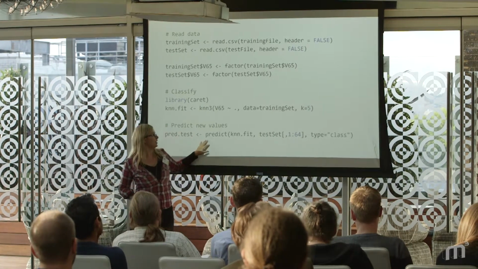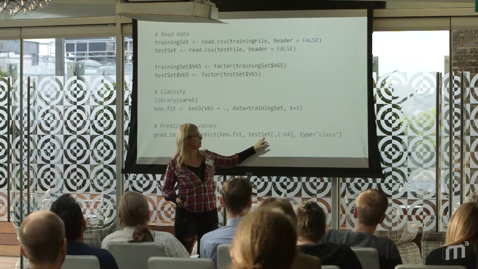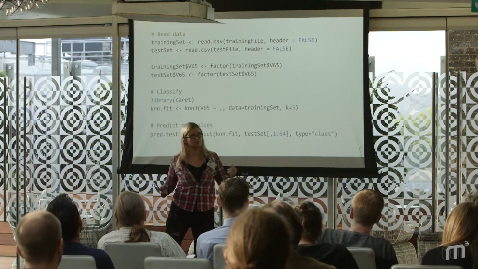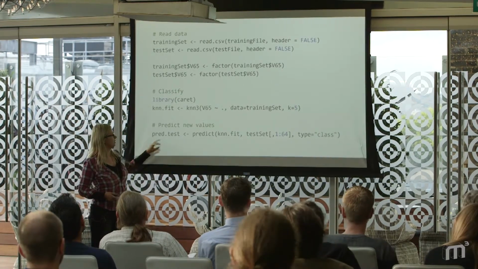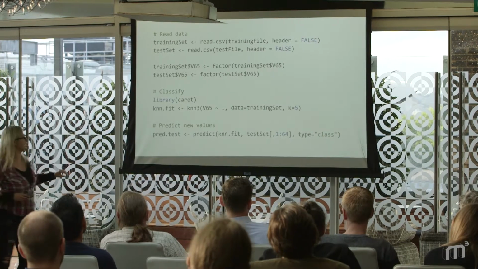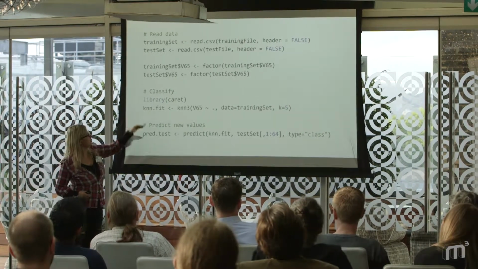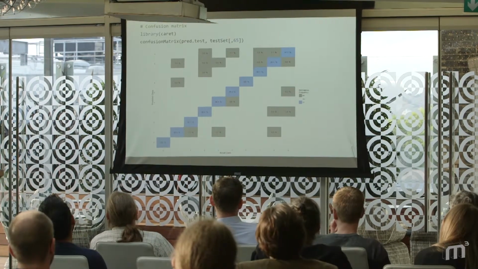Then we have this model that is fitted. Take my test set, take the first 64 things, so don't take the labels into account, and predict stuff. So this is it, 2 lines. This is machine learning, this is evaluating.